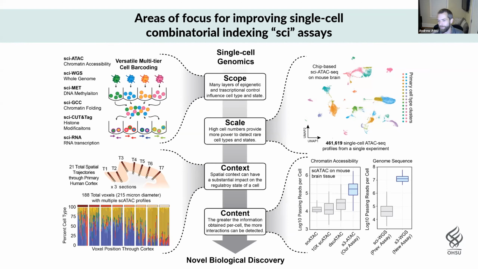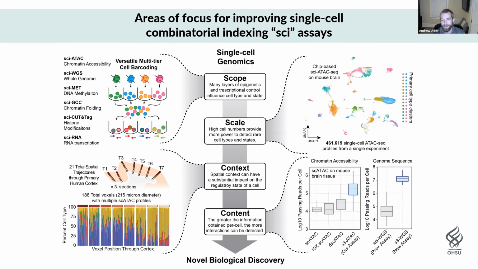Scale: trying to produce very large data sets to meet the needs of large atlas type projects. Context: actually capturing some amount of spatial information, and we have a very simple, easy way of doing this. And then content, where we're trying to improve the amount of data and information content that we're actually obtaining per cell.